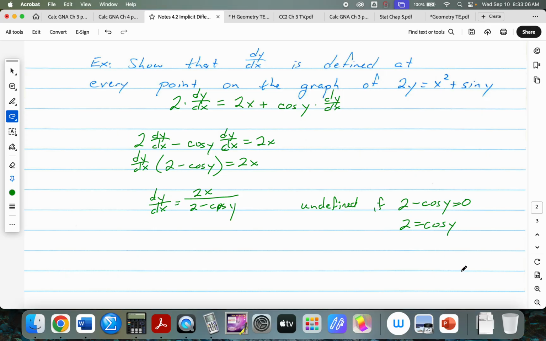What's the maximum value of cosine? 1, which is not possible. Therefore, dy dx is what they call everywhere defined.